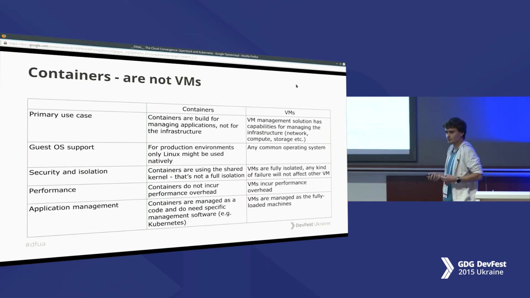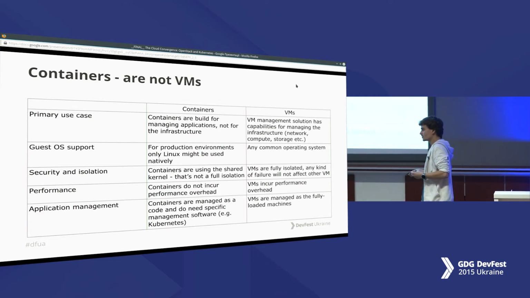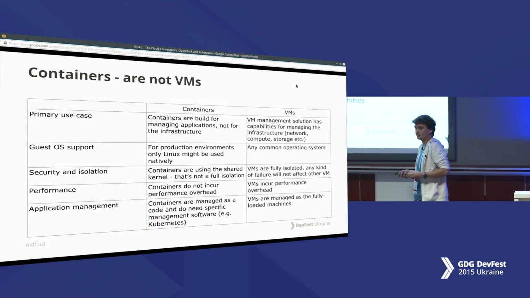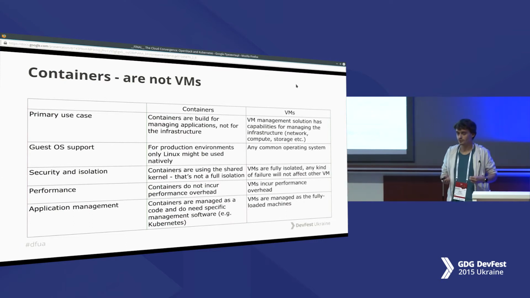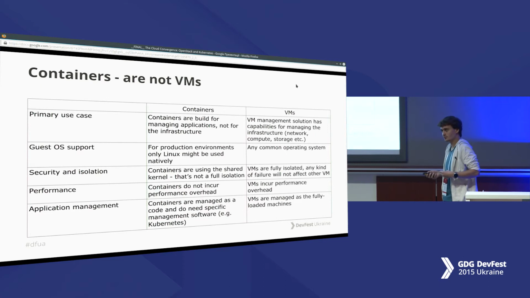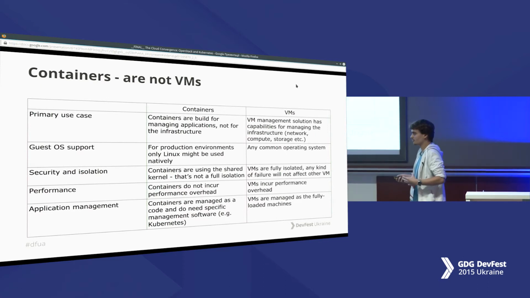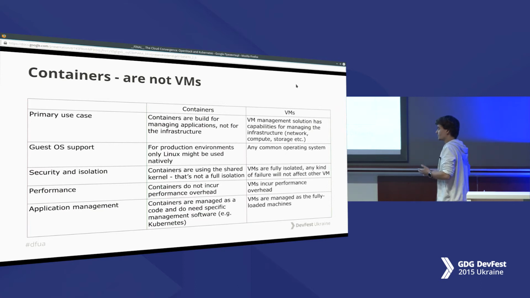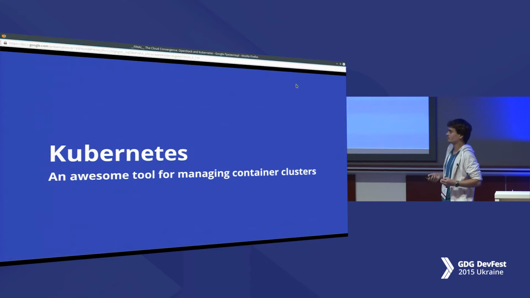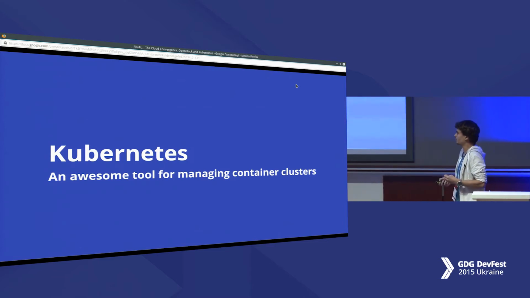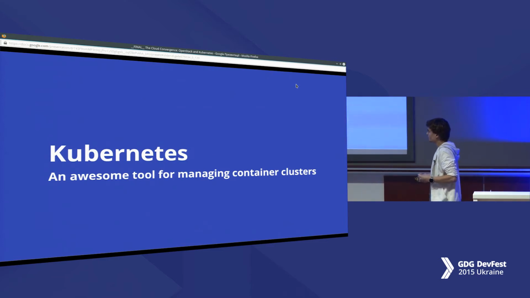It's a great solution. But containers also have a couple of third-party services that provide the possibility to manage them much more easily than simple usage of the API. One of them is Kubernetes. Yesterday there was a great talk by Mandy White about Kubernetes.